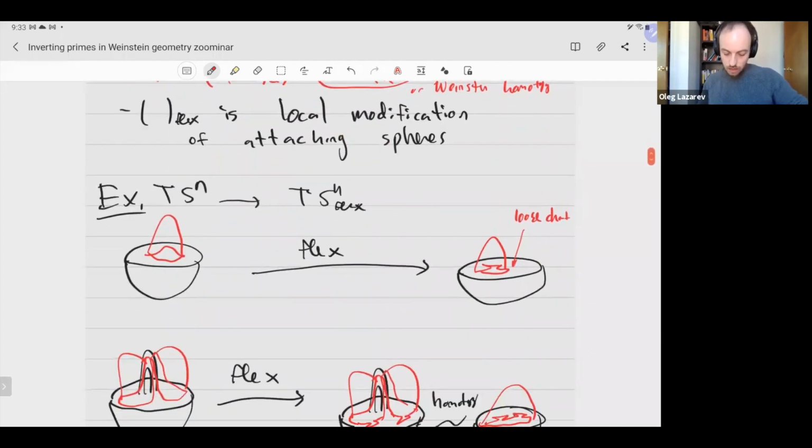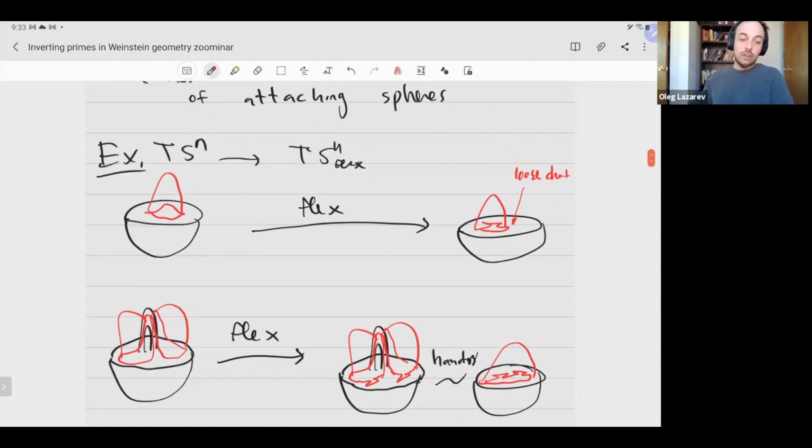Now, what I want to point out is that there's another thing you can do. You could first Weinstein homotope the standard presentation by adding 2 extra handles. These are some handle moves, and these are symplectomorphic. Then I can apply the flexibilization to that new presentation.